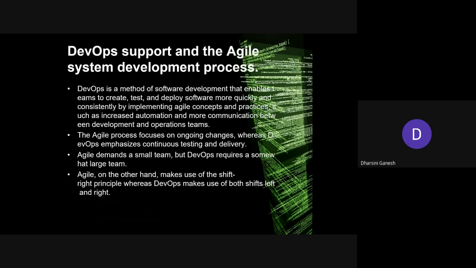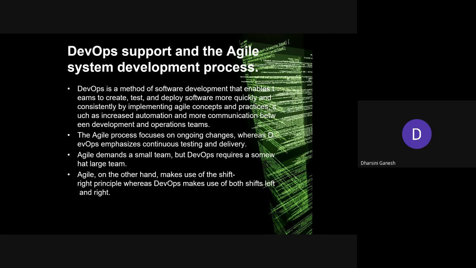Let's also look at DevOps support and the agile system development process. Before that, DevOps is a method of software development that enables teams to create, test, and deploy software more quickly and consistently by implementing agile concepts and practices.